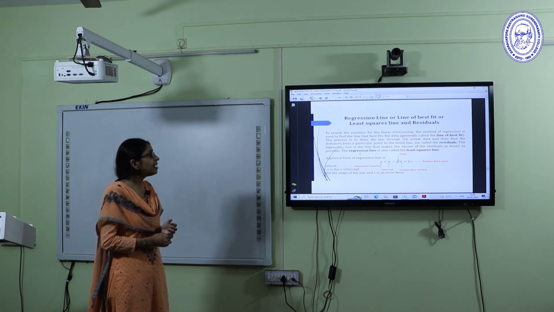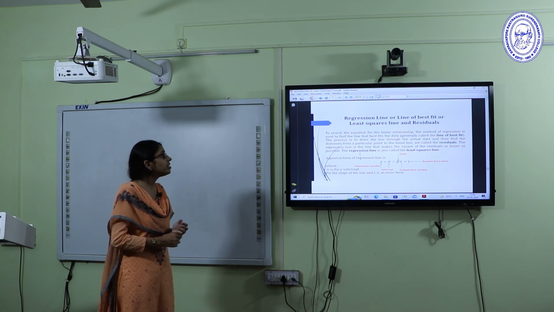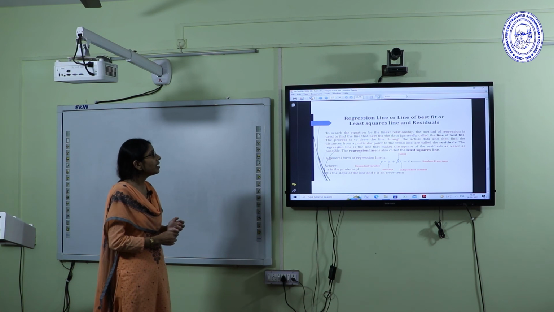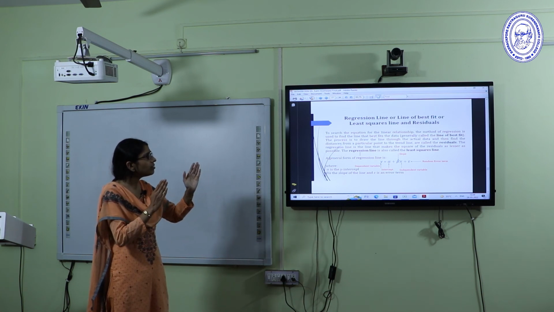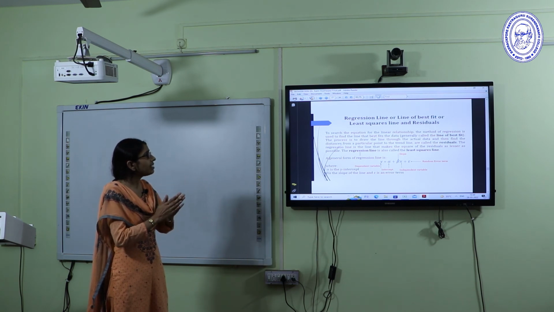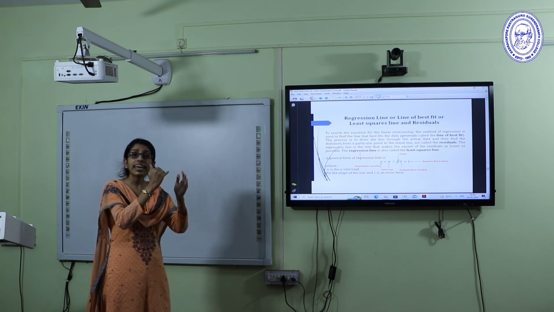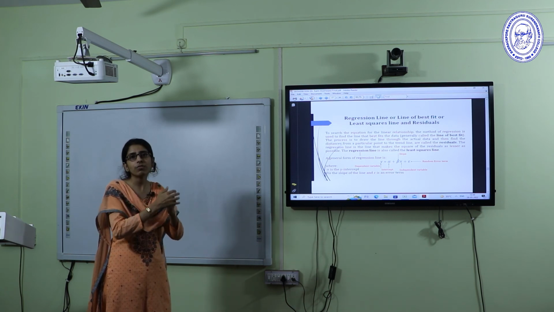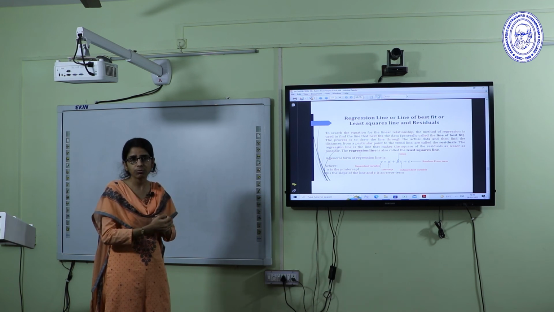And there is another concept, the residual. Residual is basically what differentiates the expected value and the observed value. That means it is the difference between the observed situation and the ideal or expected situation.